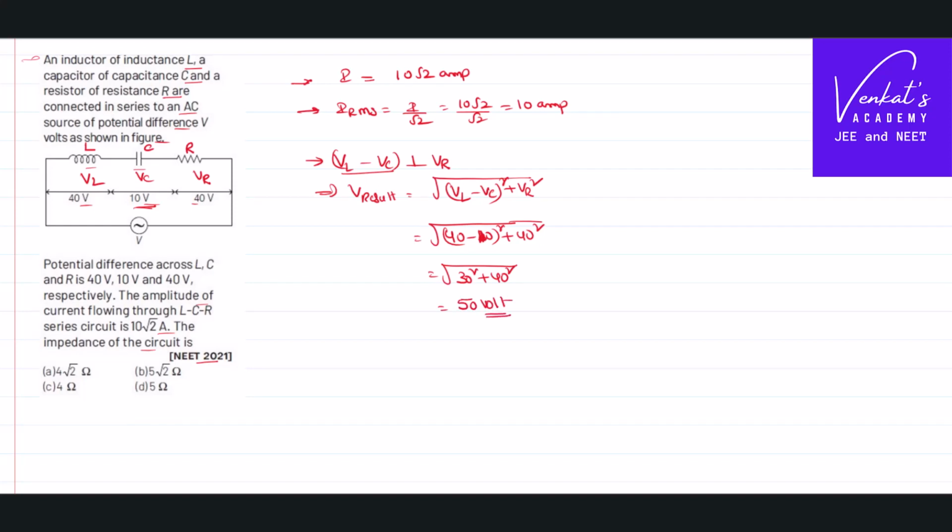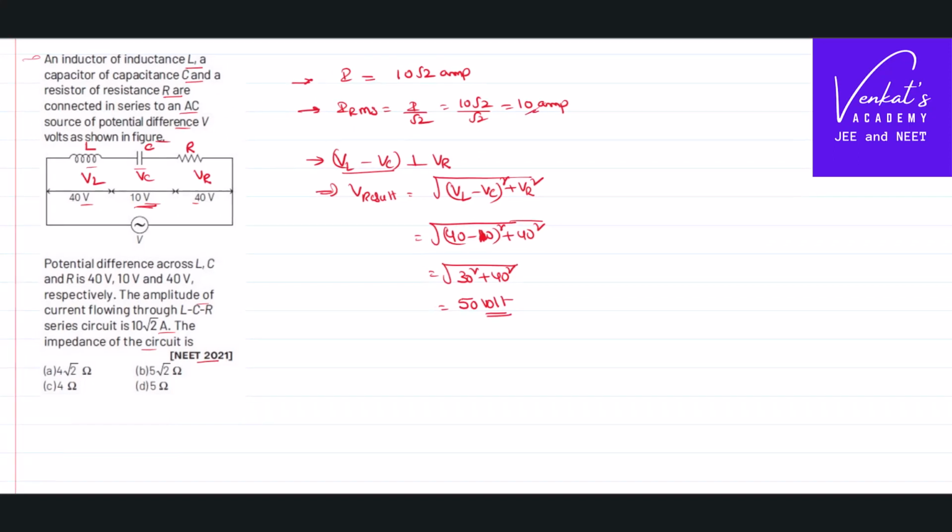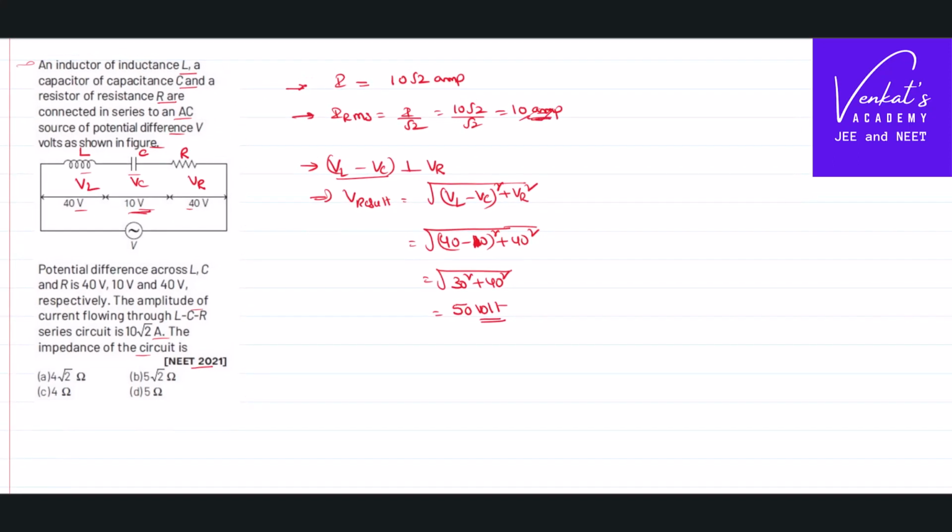Now you know the voltage in the circuit and the RMS current in the circuit, and I can write V resultant is equal to IRMS into the opposition to the flow of the circuit, called Z, which is called the impedance of the circuit.